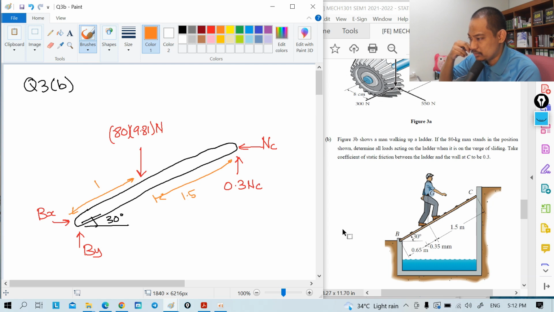Sorry, there's a mistake here, right? I think I remember, because this is not the question that I made. So there's a mistake in the unit here. It should be 0.65 meter and 0.35 meter, so it becomes 1.0 meter, because this is a typo.